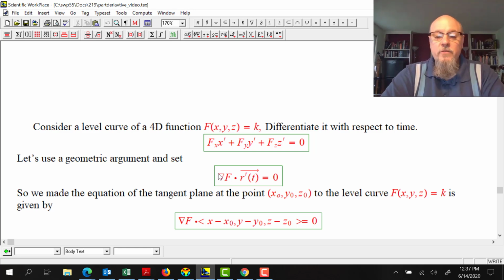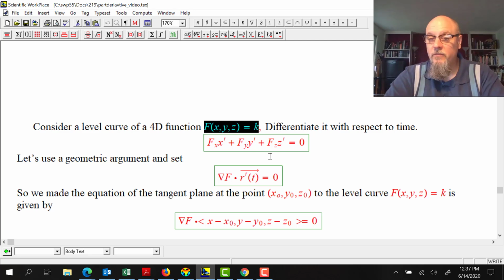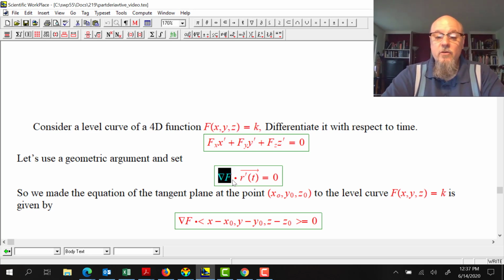So what's the deal with the gradient? Well, we know it's perpendicular to the level curve. Oh, so it's perpendicular to this level curve. If this level curve is a 3D surface, then this gradient is normal to that surface. It's the normal vector to that surface.